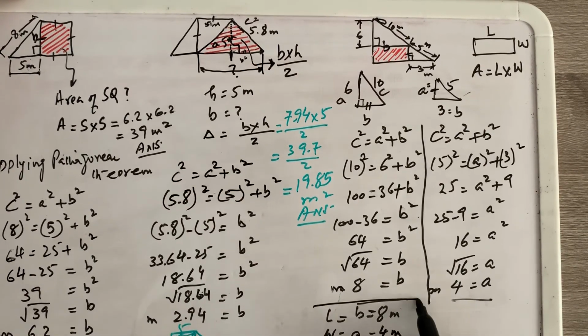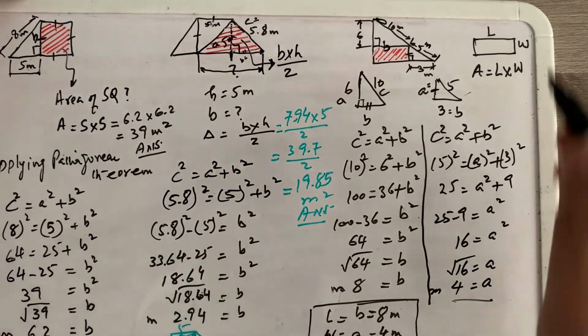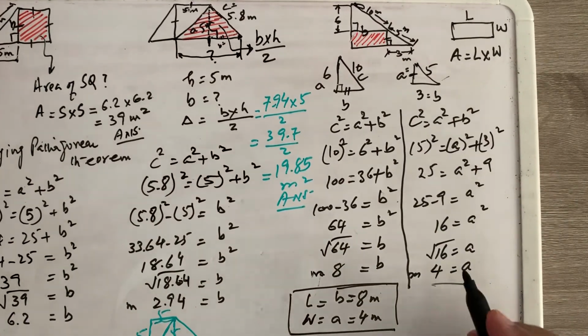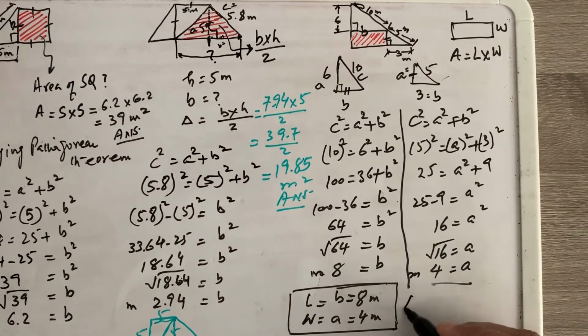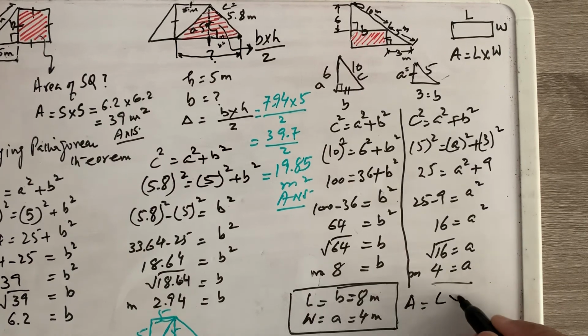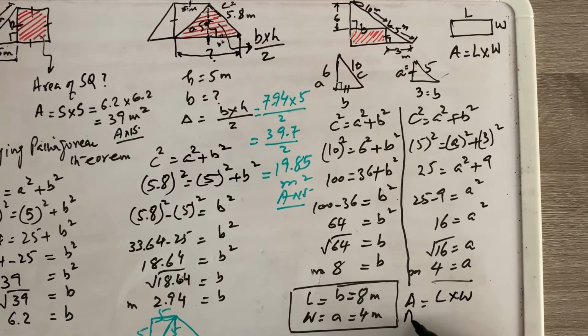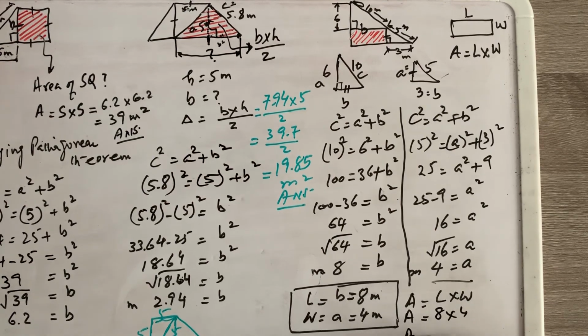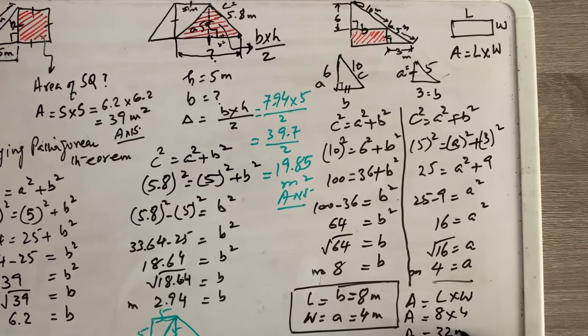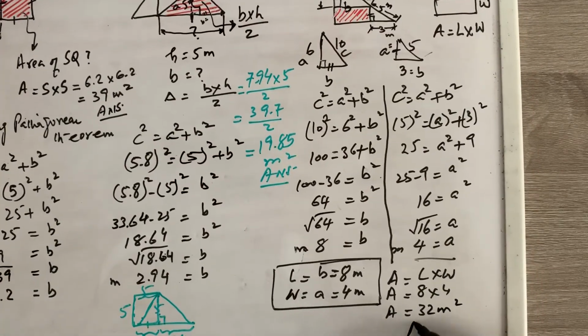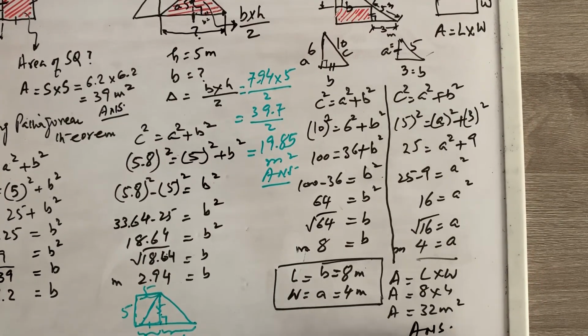So I know my data now to apply into the area of the rectangle, which is L times W. 8 times 4 is 32 meters square. This is my answer for this figure.